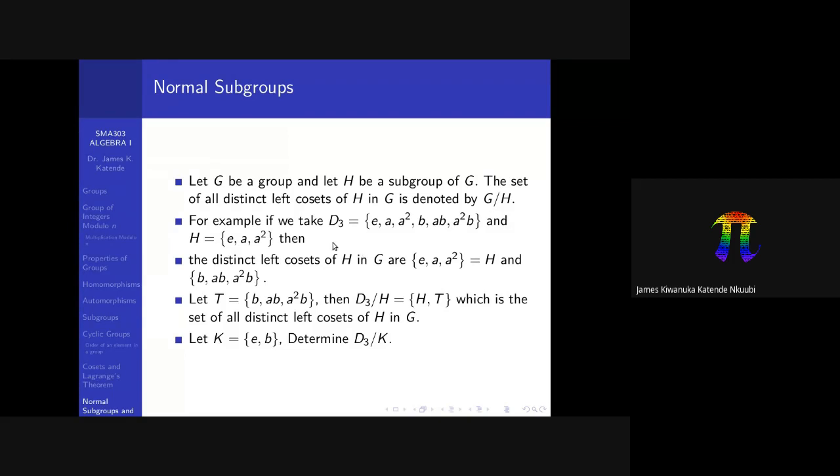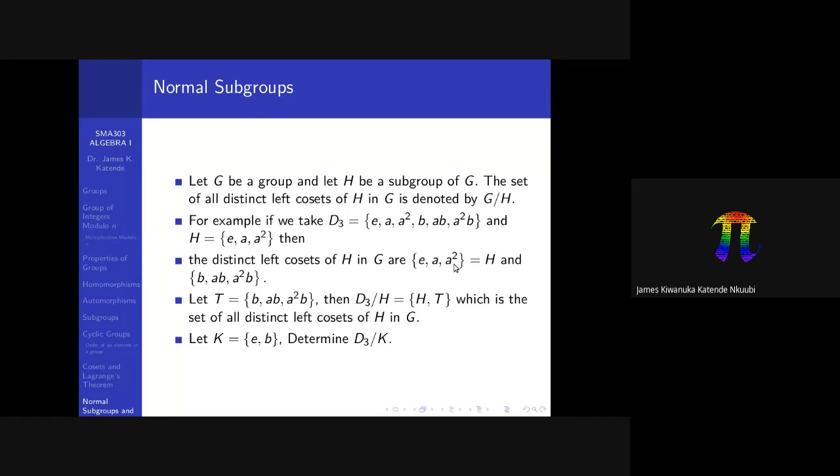As an example, if we take D3, the dihedral group of degree 3, which has these 6 elements, we pick H as this subgroup {E, A, A squared}. We saw this was a cyclic subgroup generated by A. Then we also saw that the distinct left cosets of H in G are just 2.